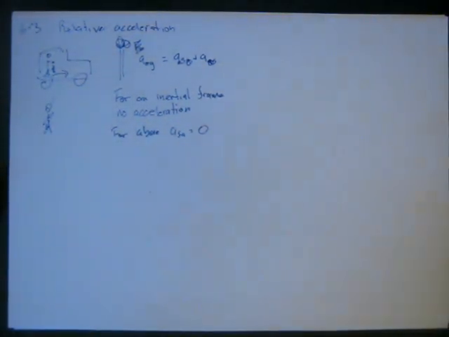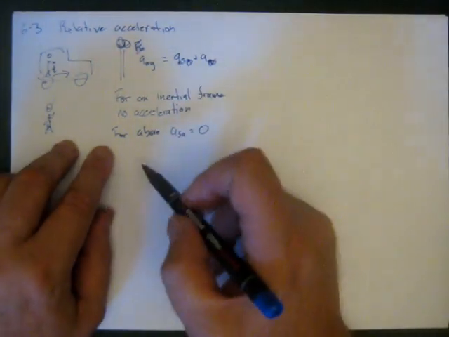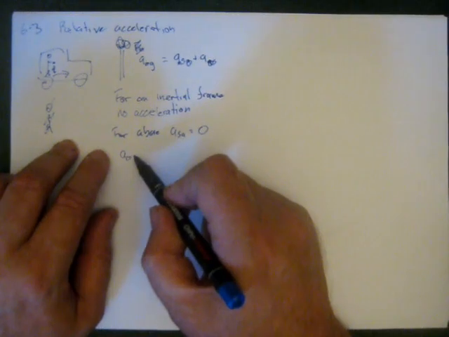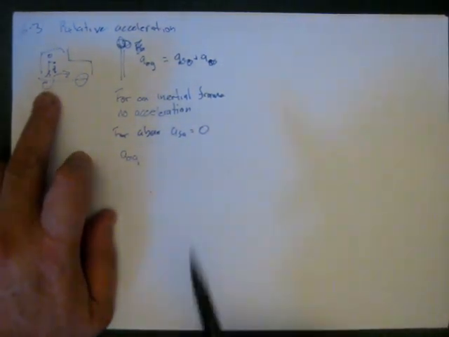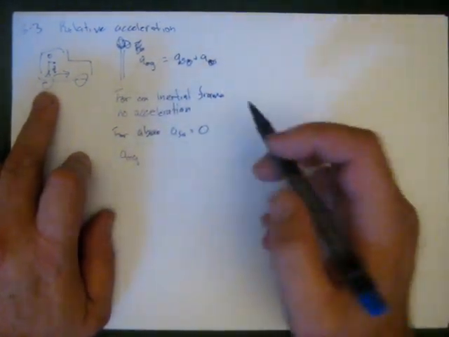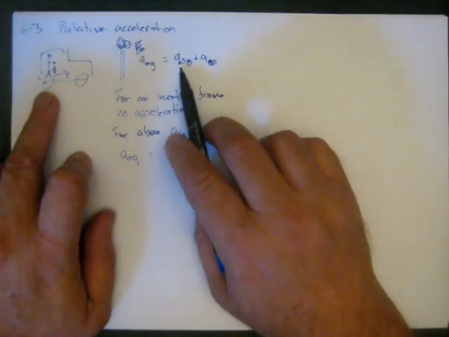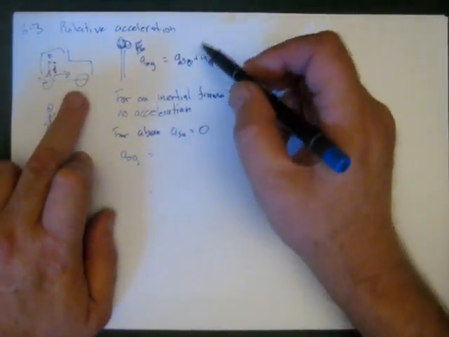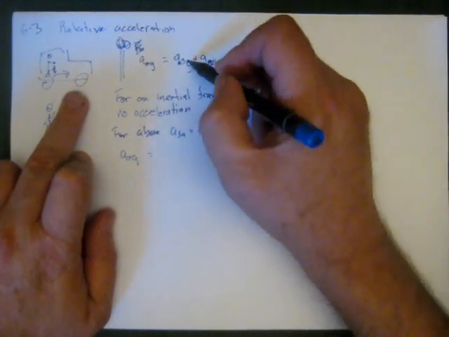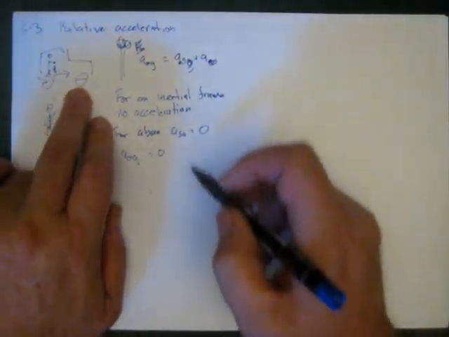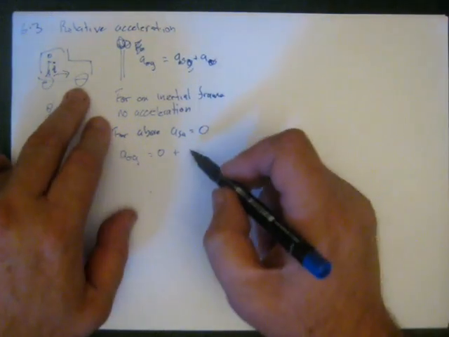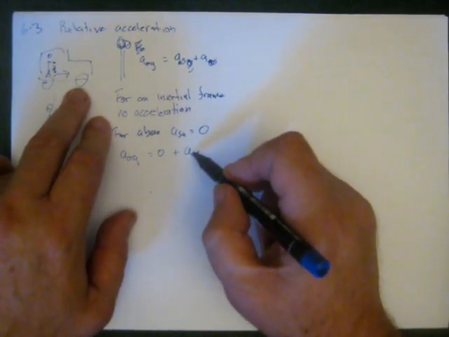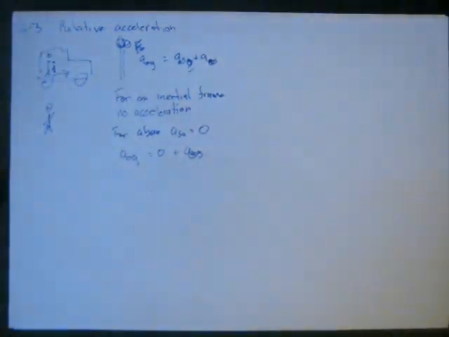So for an inertial frame, when the van is not moving, we can say that AOG, the acceleration of me relative to the ground, or the tree in this case, is going to equal the acceleration of the van compared to the tree, which equals 0, plus my acceleration, A, of the observer relative to the van.